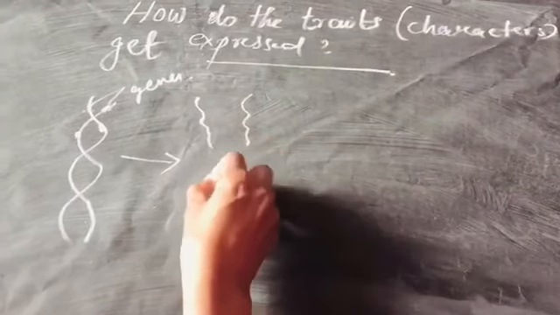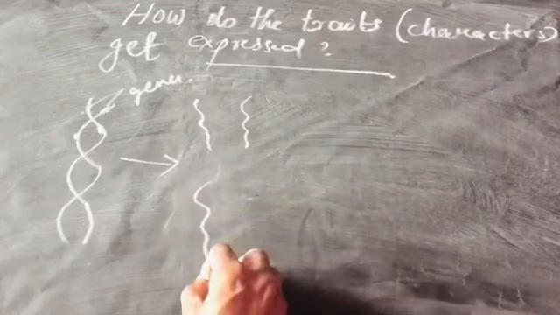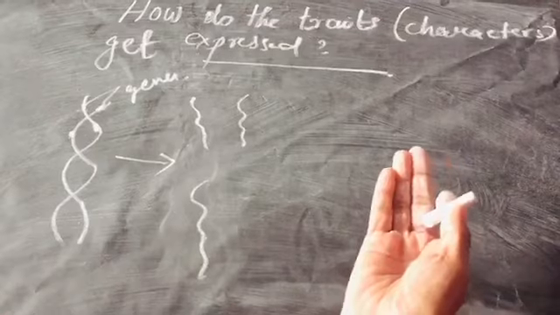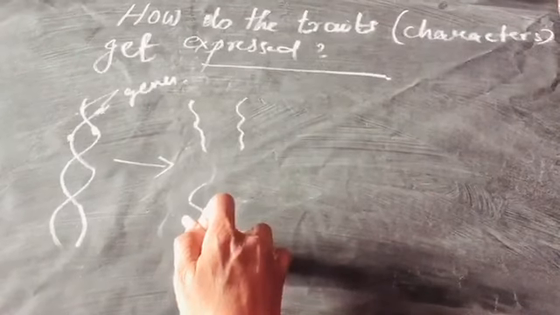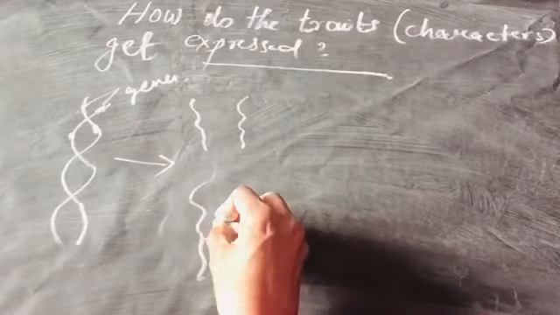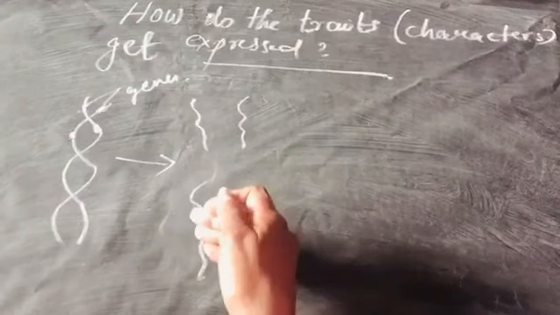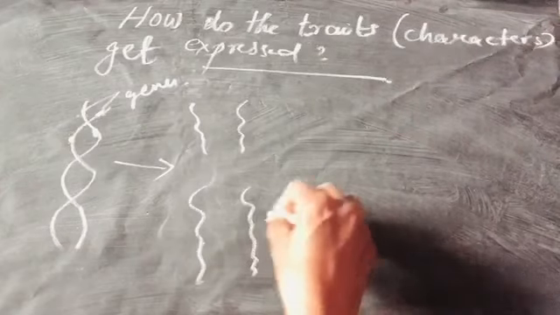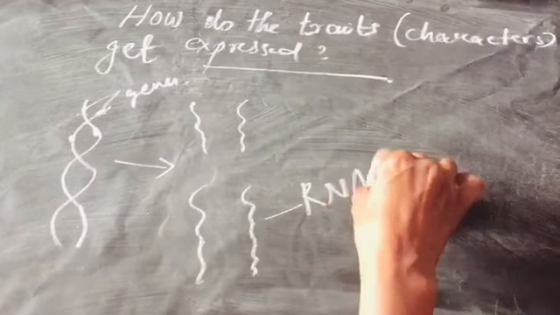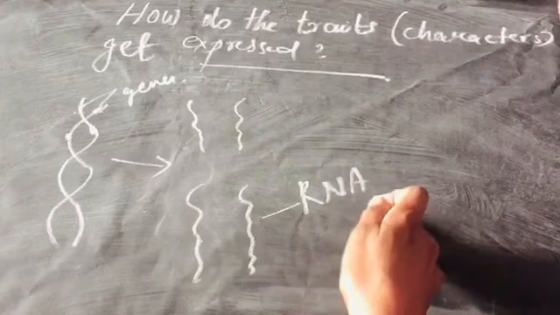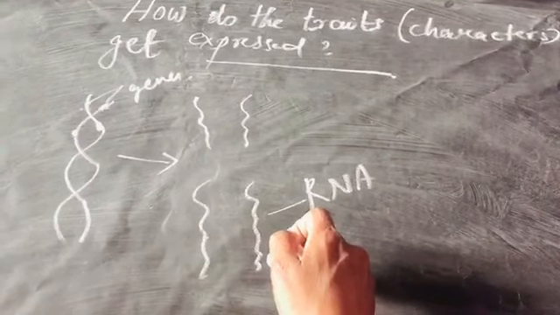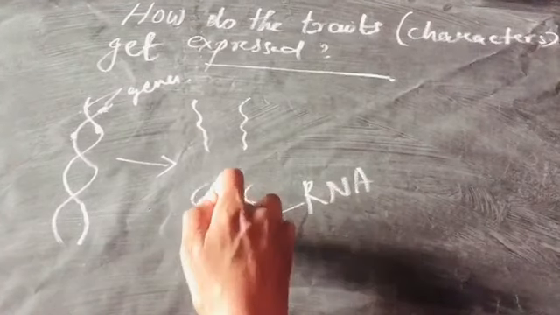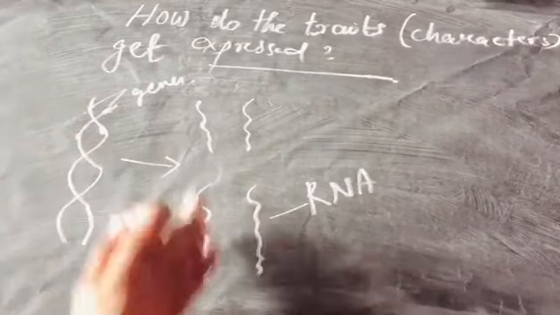After that, suppose this is the segment or the gene which is responsible for the characteristic, which has the coded information for the characteristic. It acts as a template to produce an RNA strand. So this is an RNA. Ribonucleic acid is made according to the gene in the original strand.